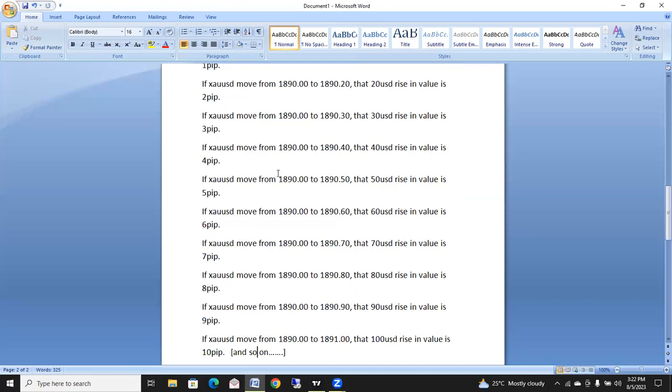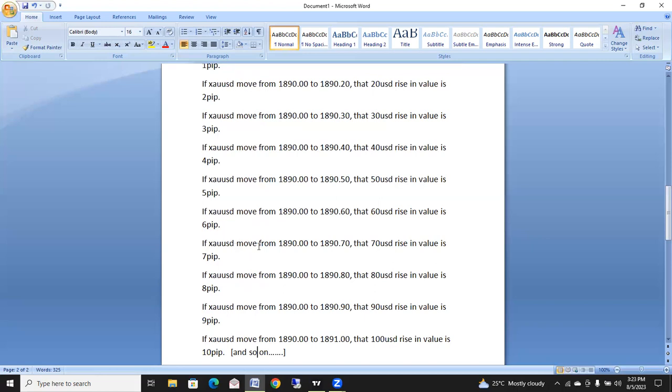If you check the two numbers, you will see that 50 is the difference between the two numbers, which is the rise in value, 5 pips. And if gold moves from 1890.00 to 1890.60, that 60, which is the difference, USD rise in value is 6 pips.